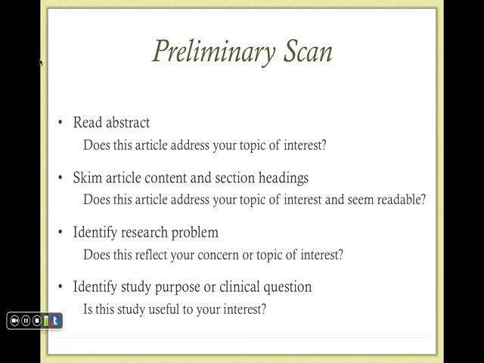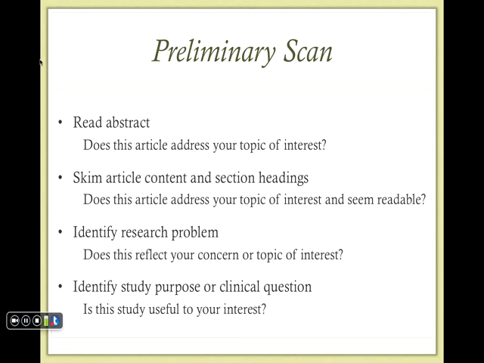So on the preliminary scan, you want to read the abstract and decide if this article is even in your area of interest. Do you want to learn more about this article and invest the time and energy to read it, or no, it's really not something that you're interested in?